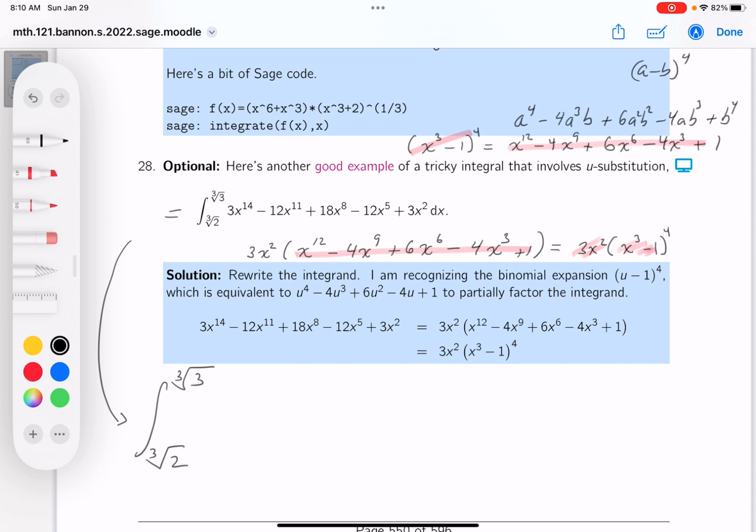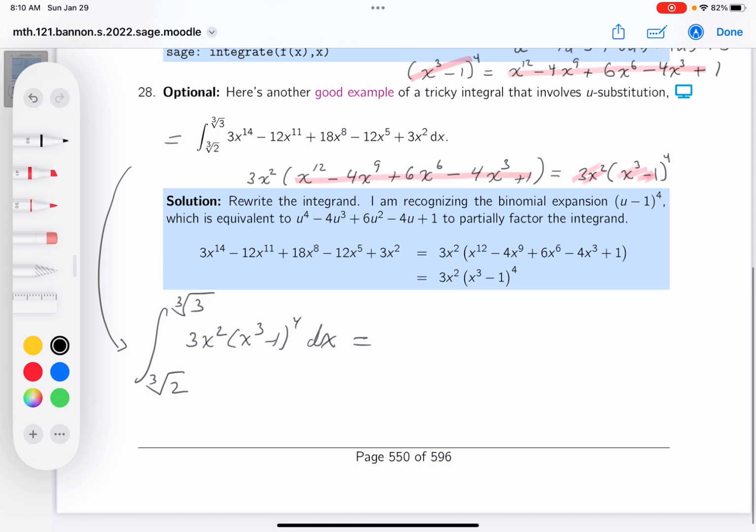I'm going to put the integrand down now, which is 3x squared times x cubed minus 1 to the 4th power dx. I'm going to use a u substitution. The u is x cubed minus 1, and du is 3x squared dx. Let's do it one step at a time. If you cube the cube root of 2, you'd get 2, and 2 minus 1 is 1.